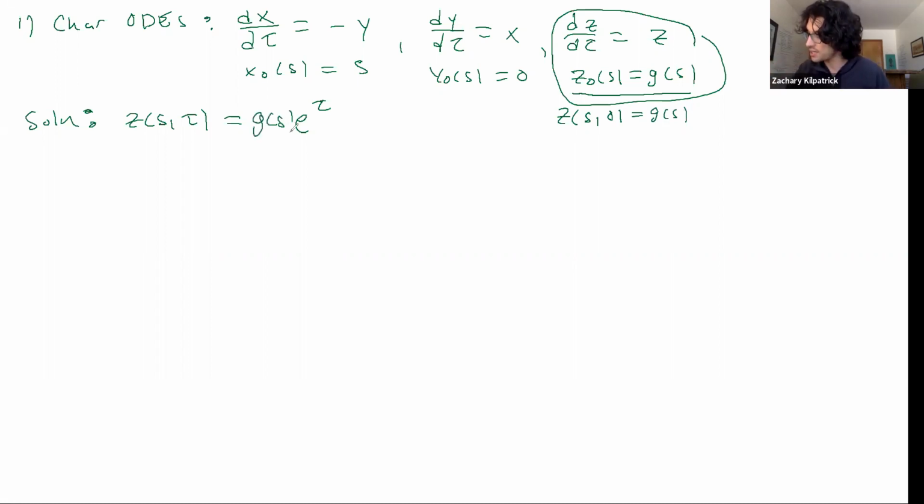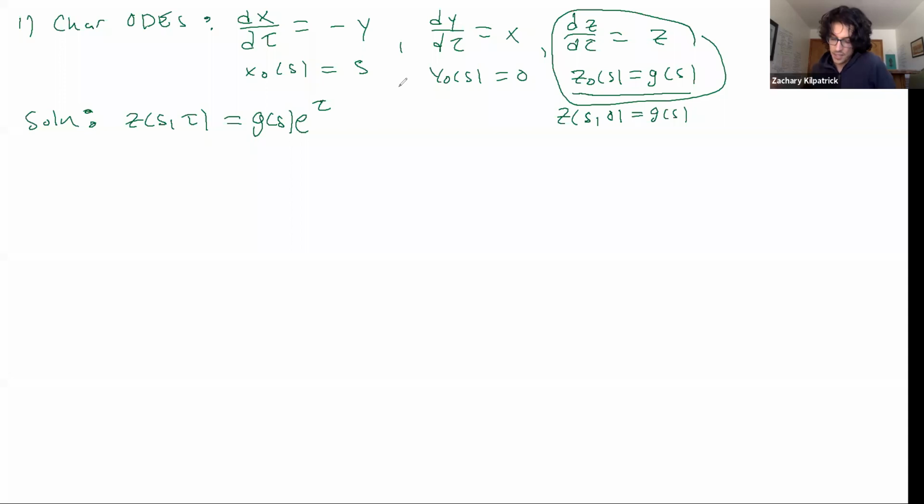So the constant in this case is actually g of s, okay? Because we're just saying for each value of s, I'm going to have some differential equation in tau. And so it's fine. We can treat g of s like a constant, okay? Just like we'll be able to treat s like a constant up here, okay?